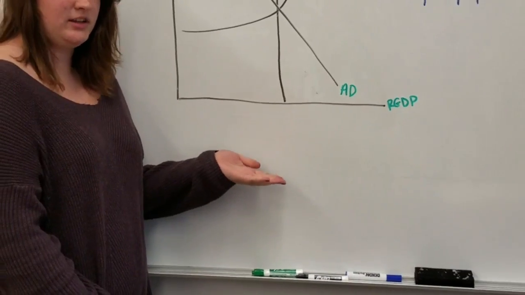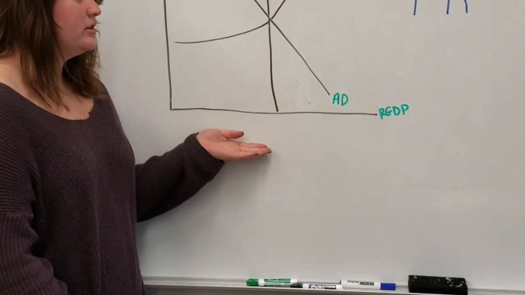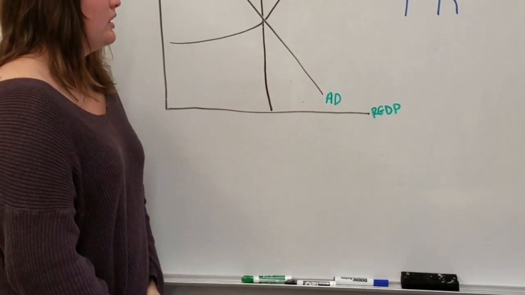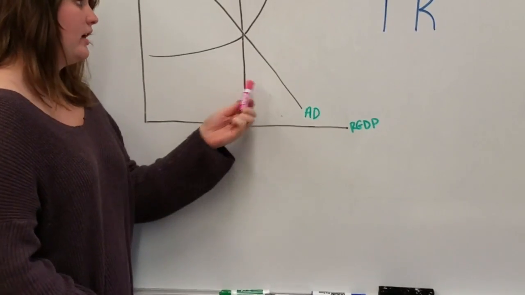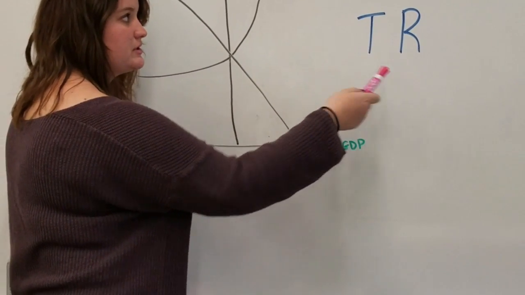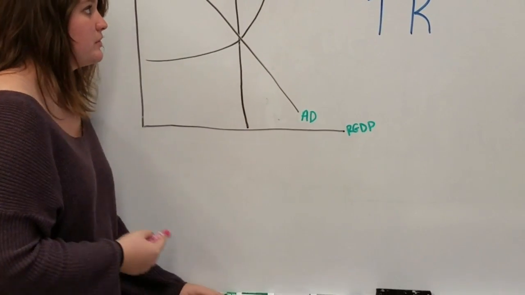Here we have the AD-AS model, and we're going to see what happens if the U.S. gets an influx of migrant workers. Now, the only things that can shift LRAS are a change in technology or a change in resources, such as workers.